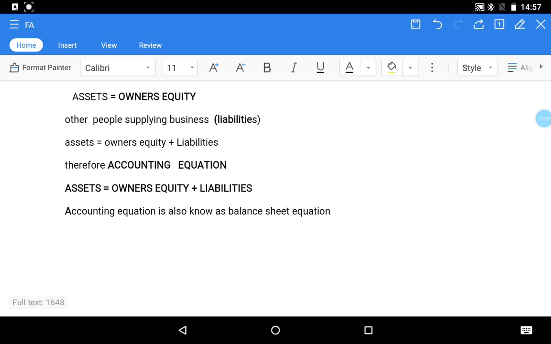Now we are going to define our accounting equation.